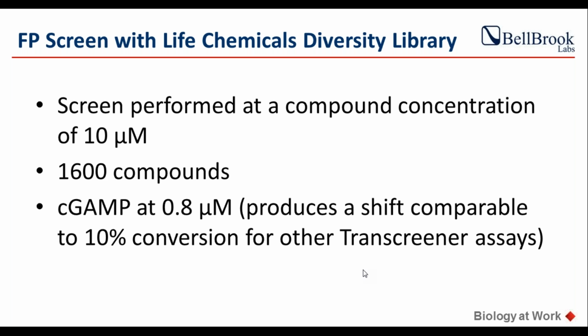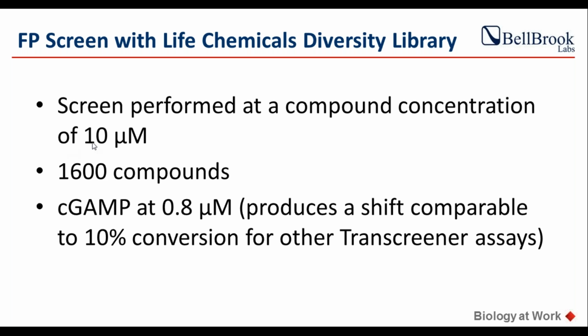With those conditions, we did a pilot screen before our really huge screen for the internal discovery program. We used the Life Chemicals Diversity Library, a very small subset of 1,600 compounds.